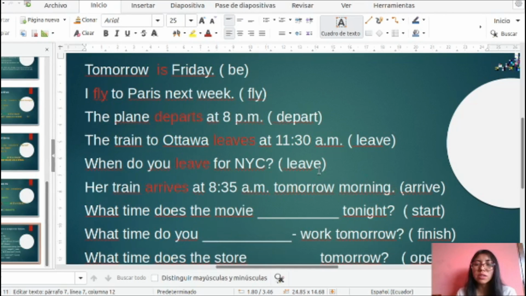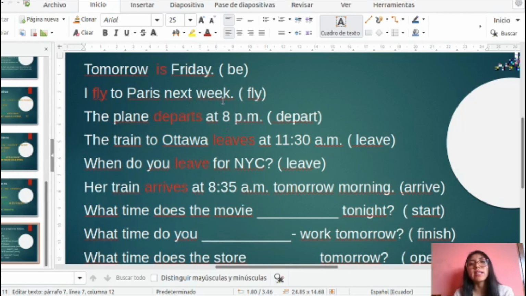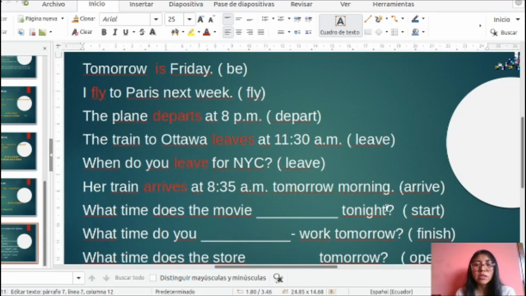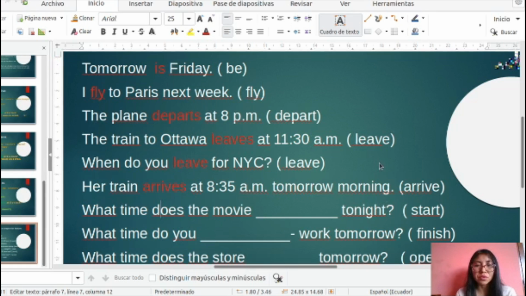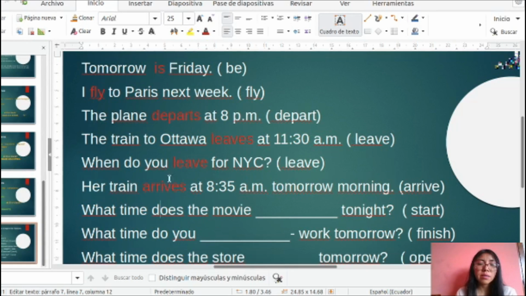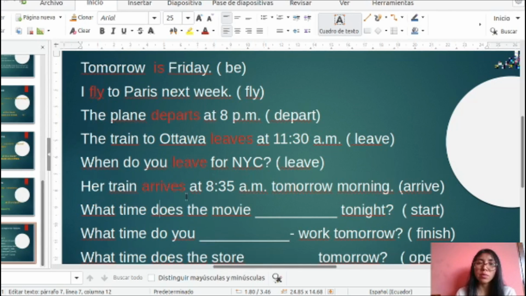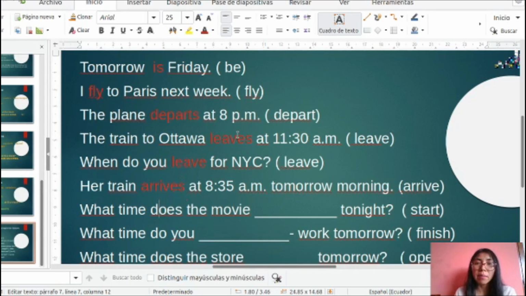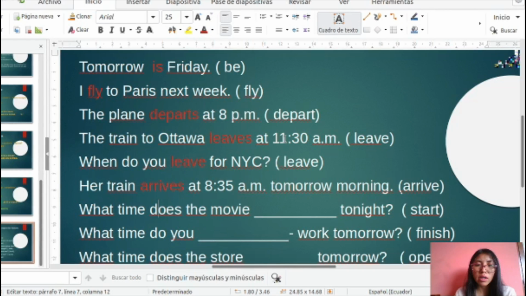Pay attention to the expressions. For example, tomorrow, next week, next day, next month, next year, tonight are some expressions that are going to appear in order to speak about the future, okay? But the most important thing here is that you are going to use present simple to speak about the future when you are going to establish specific points or a schedule in the future.